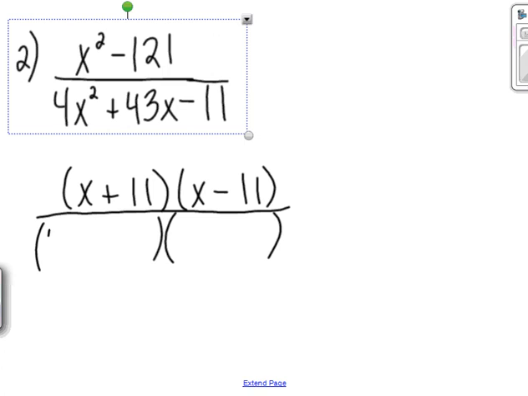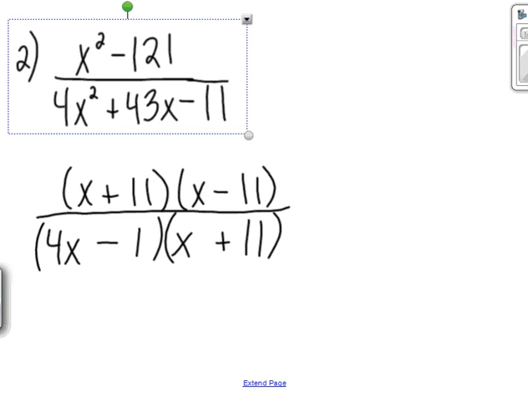The way it factors out is 4x and x, because I have a very large middle term, that 43. That's why I started with 4x and x instead of 2x and 2x. Just a little bit of strategy with that. So I know it's a negative 11. That'll check out, I'll get a 44x and a negative 1x.